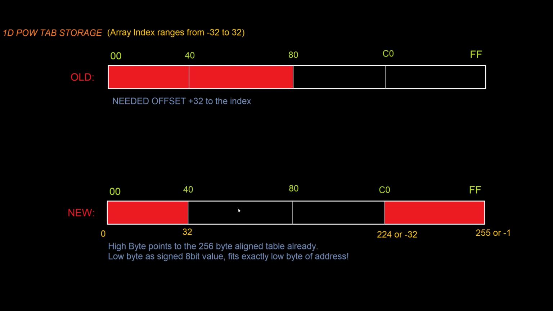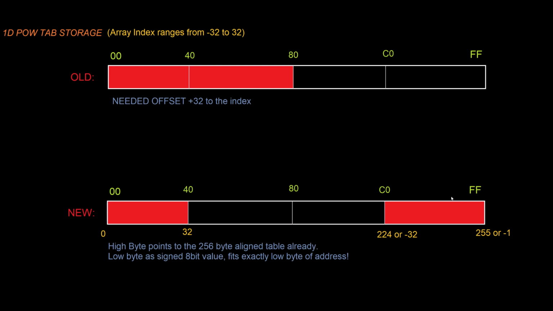But I could go further. I have left some gaps. I could have bigger numbers, but I didn't, because vertically I have some issues with the later tables. So now the high byte, I prepared the high byte before to point to the same address on the 256 byte aligned table, and after I do my iterations and I get a coordinate x0, y0, x1, y1, I just pass it as it is.